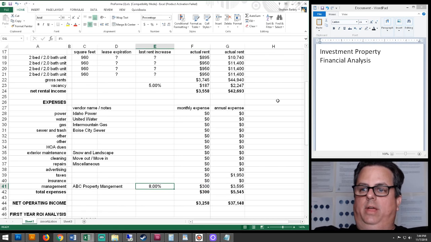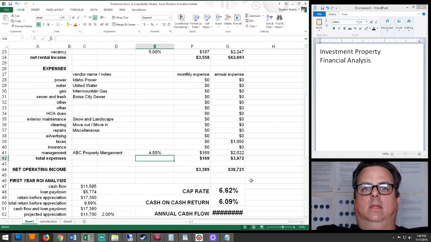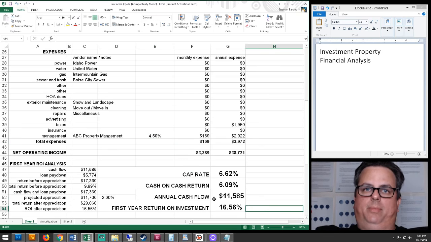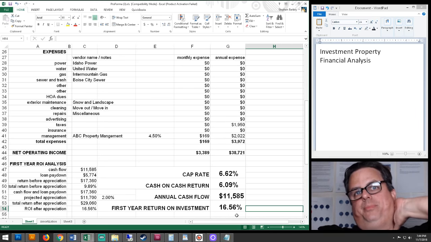They did say that there was a 4.5% property management fee. And when this happens in Excel, it just means that there's not enough room to display it. If you widen the column a little bit, it gives you enough room. So 11,585.